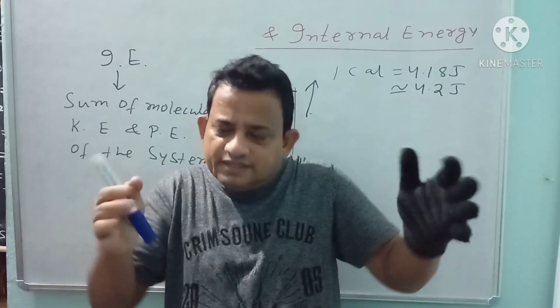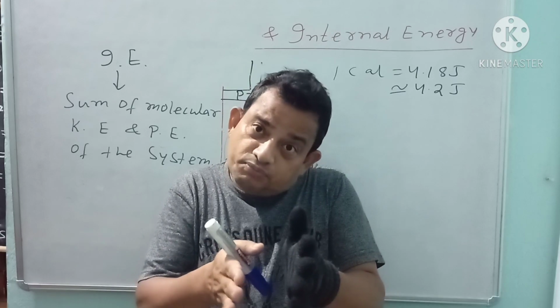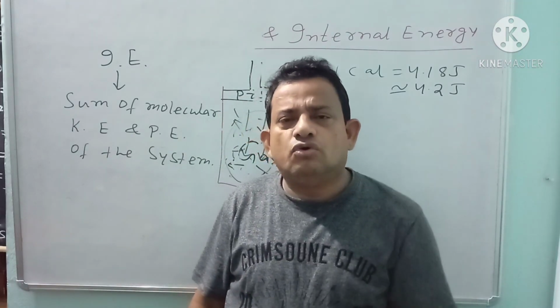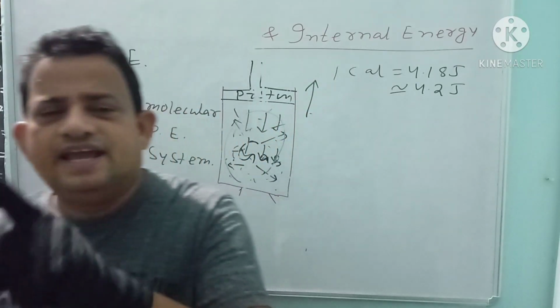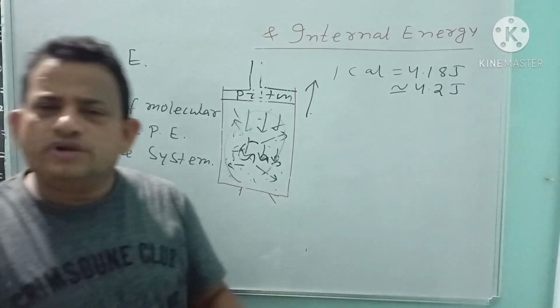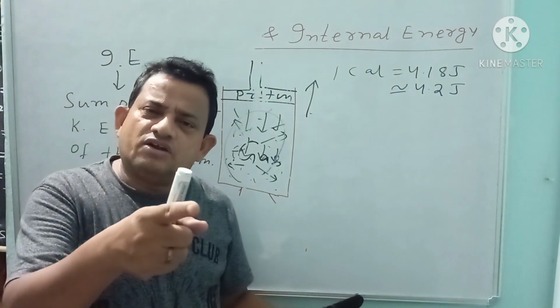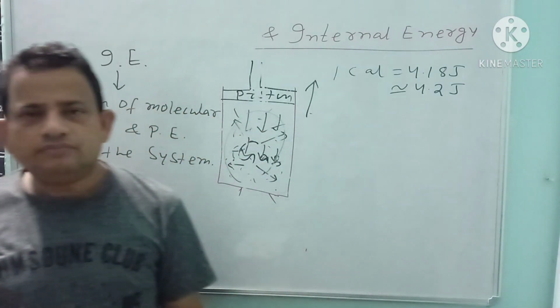Suppose you stretch it, it comes back to the original position. So against the restoring force, work is done, and that work is the elastic potential energy. Students, what is my point? For potential energy, work is done against some force.